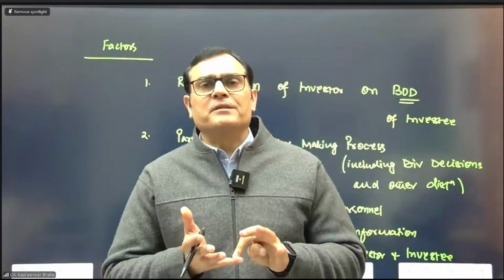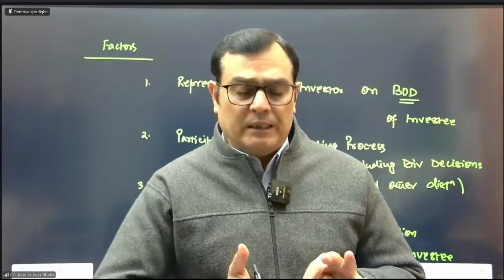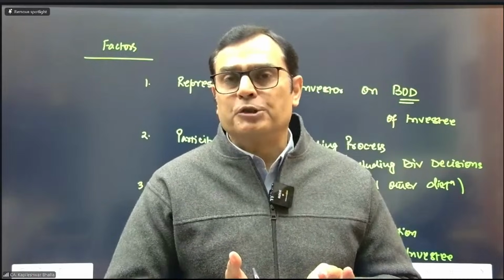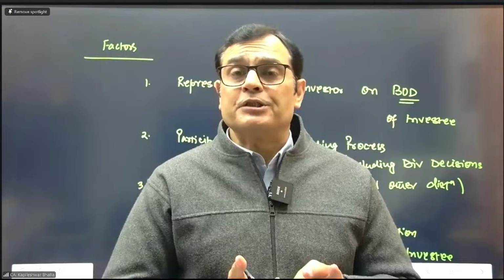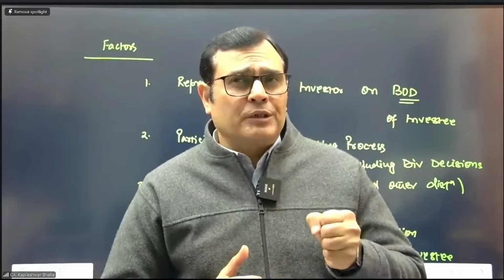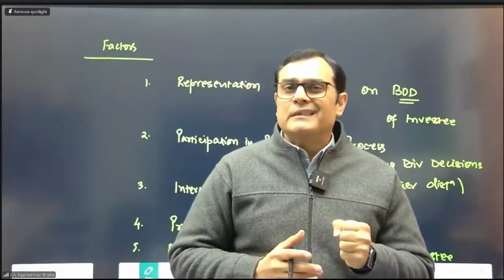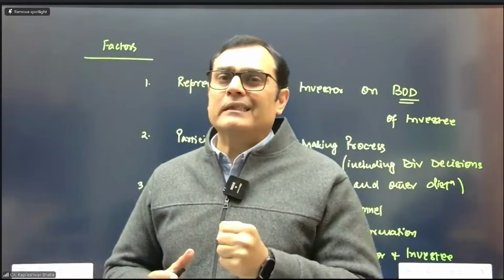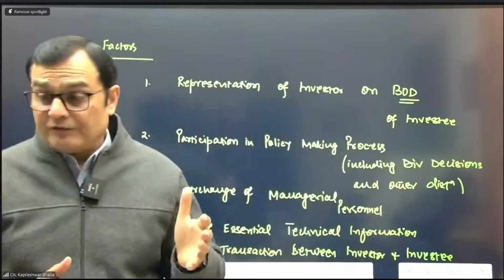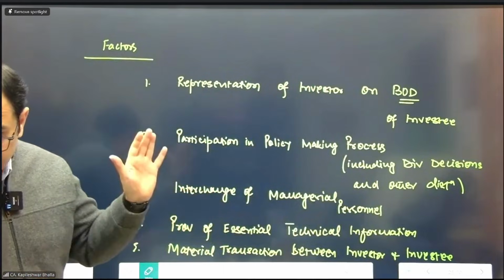As an investor, you are represented on the board of directors. You've got participation in the policy making process. You're providing essential technical information. There is an interchange of managerial personnel. You've got material transactions between investor and investee. So because of these factors, you could significantly influence the investee company. Right, friends? So far, so good. I hope my thought stands clear.